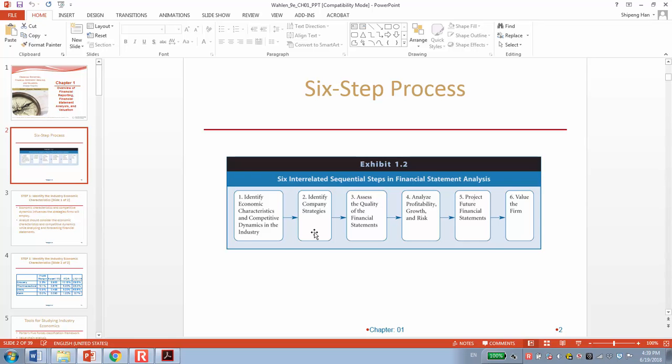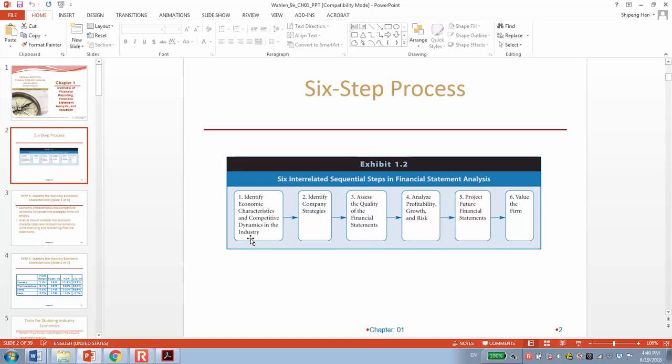So the next question is, why does a company adopt a particular strategy? Actually, what strategy a company adopts is determined by the external environment. So that's the first step: to identify economic characteristics and competitive dynamics in the industry.